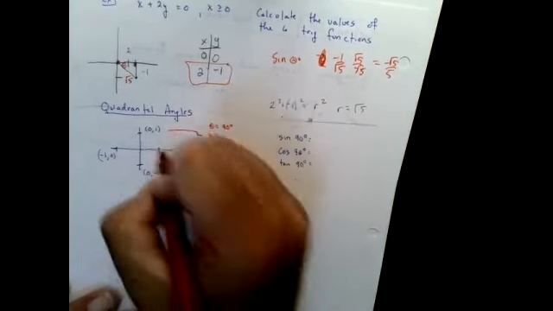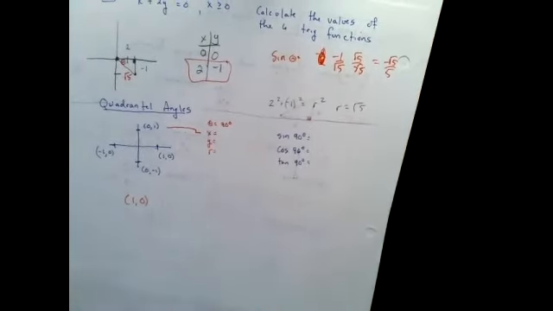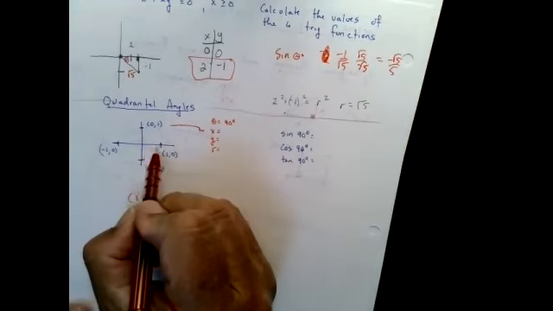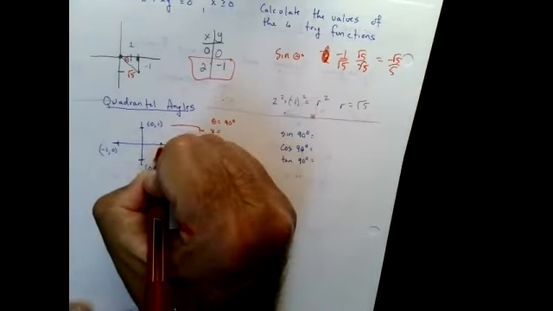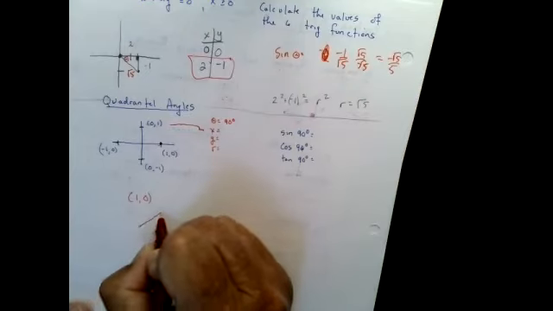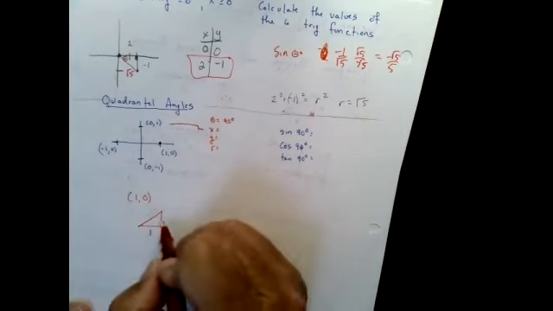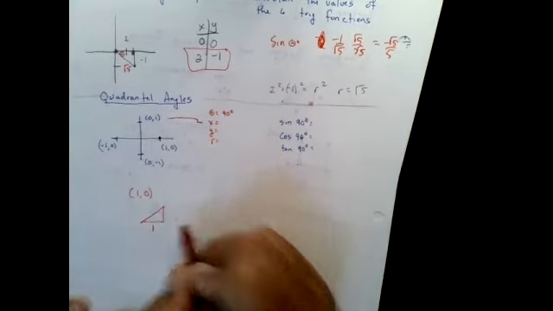Well, let's see. If I'm given the point 1, 0, what's my x? How far over did I go to that point right here? 1. Yeah, it's 1. This is a funky looking triangle, but I went over 1. How far did I go up?